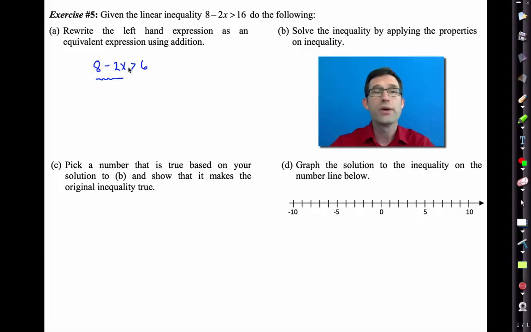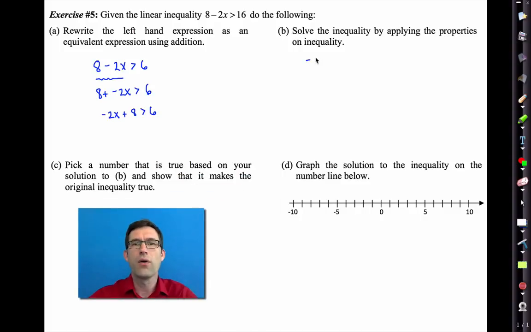Here we're going to use the property of rewriting subtraction into adding of opposites, and then we'll use the commutative property to change this into negative 2x plus 8 is greater than 6. I'd just like to have it in the same format I did before.